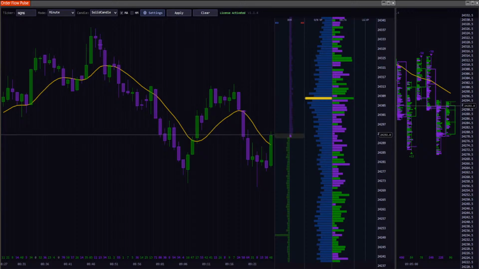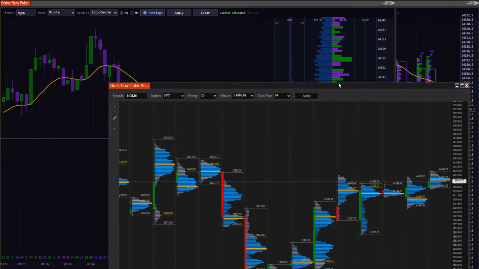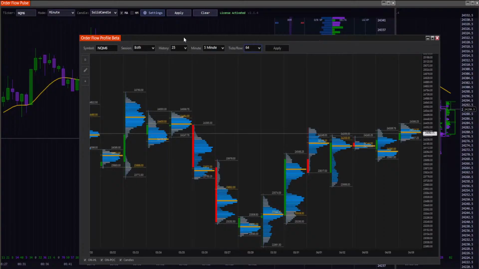But yeah, that's what I'm looking at. This order flow profile, it's in beta. I'm going to release it tonight. I'm going to throw this into the install of the order flow pulse so people can just use it.